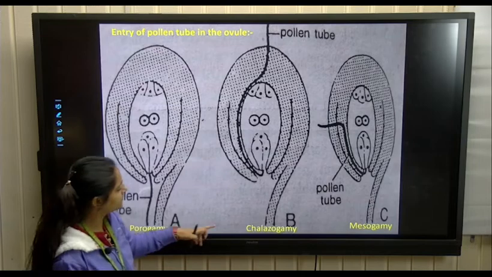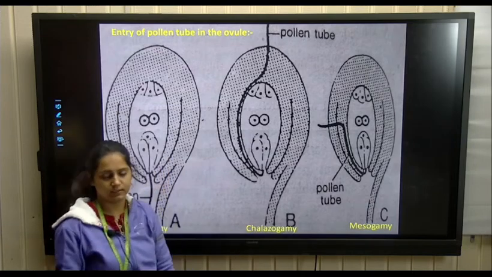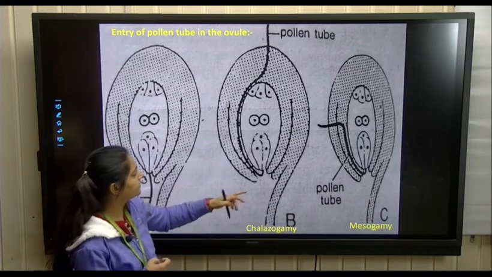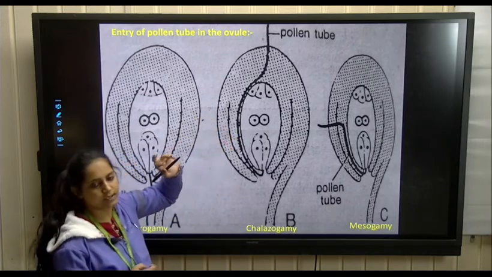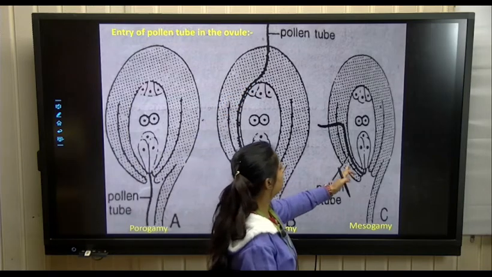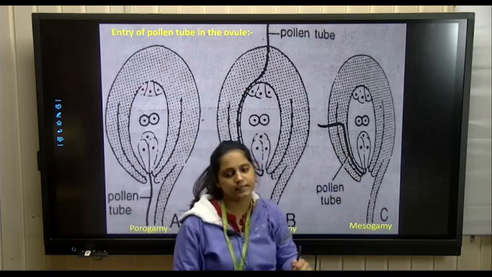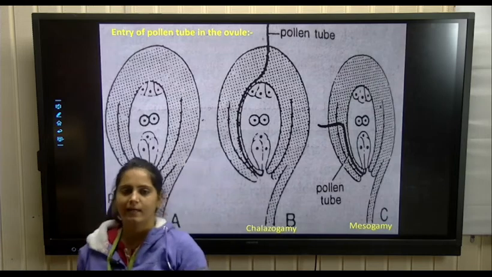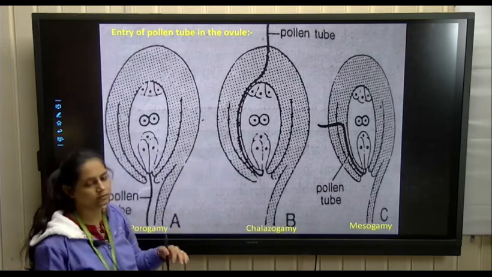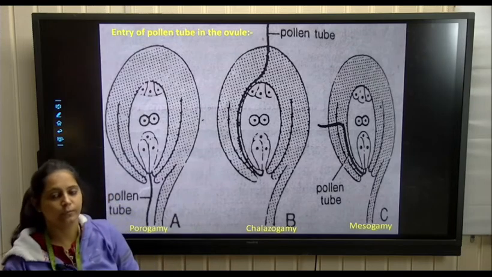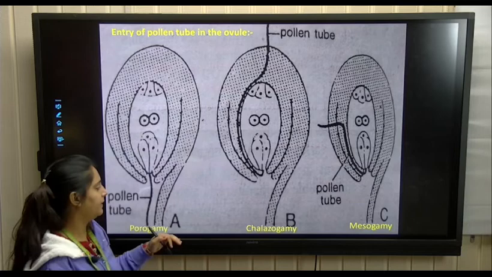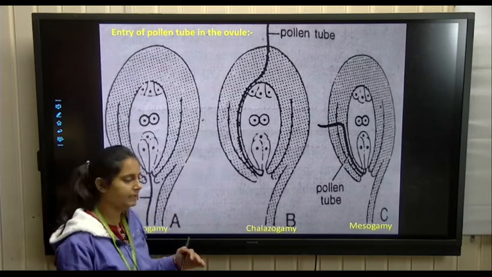And second is chalazogamy, as we can see through the name chalaza. If the pollen tube is entering through the chalazal end, that is known as chalazogamy. If the pollen tube is entering through the integuments, then this is known as mesogamy. So that is different in different flowers. That depends on from which mode it is entering, and on the basis of that it is divided into 3 types.